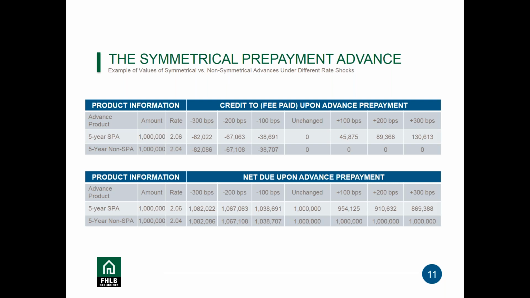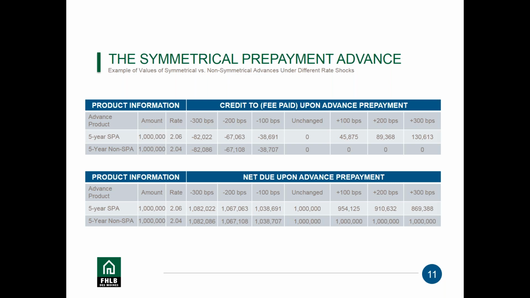You see that one? It's the top bar, third column from the end. And in the event of a 100 basis points down scenario, conversely there would be a prepayment penalty involved. In this case, it would be $38,691. You can see that again on the top bar there. That's the negative credit, if you will.